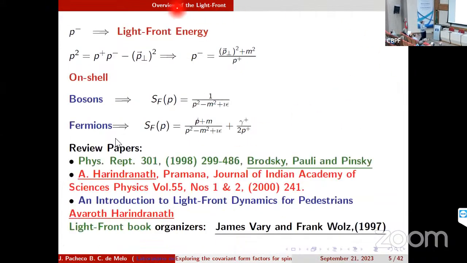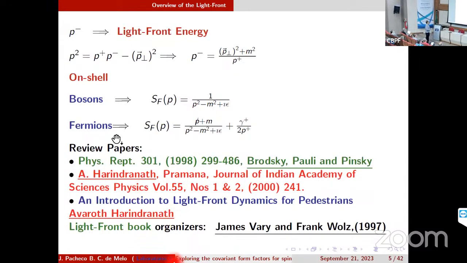Because of the metric, the light-front dispersion relation is simpler than in equal time. It's linear: P minus is the energy, and it is linear, different from the equal time. For an on-shell boson, the Feynman propagator is the same. But for a fermion, you have this term here, which is more or less complicated, and is related to zero modes, non-valence.